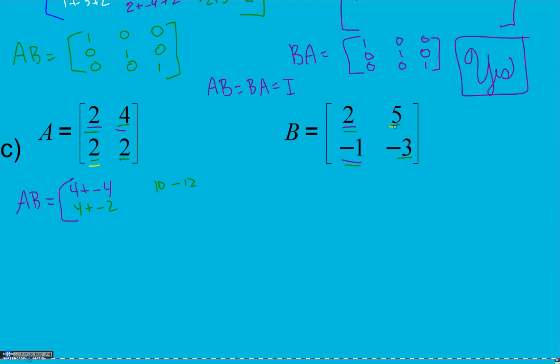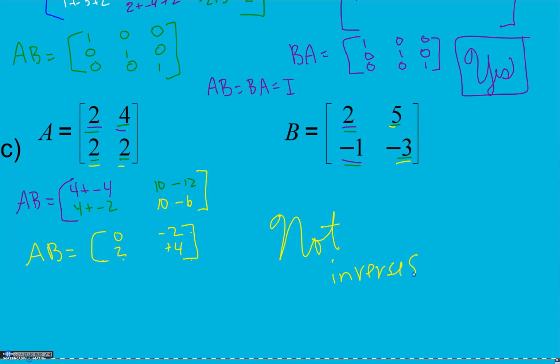And 2 times 5 minus 6. So A times B here is 0, negative 2, 2, positive 4. Guys, as soon as we know that one of these isn't going to be our identity matrix, we took matrix A times matrix B and didn't get 1, 0, 0, 1, we know automatically that they are not going to be inverses. So we don't even have to find B times A. We know that they are not inverses.